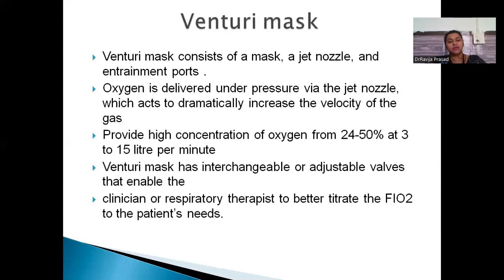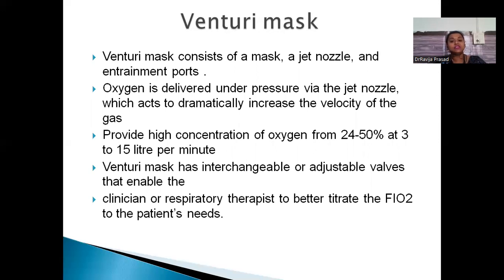Now, the Venturi mask. What do we mean by a Venturi mask? A Venturi mask consists of a mask, a jet nozzle, and the entrainment port. Oxygen is delivered under pressure through the jet nozzle, which acts to dramatically increase the velocity of the gas, providing a high concentration of oxygen from 24 to 50% at 3 to 15 liters per minute.